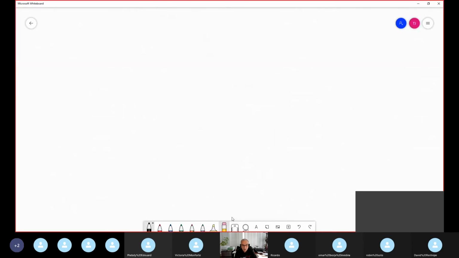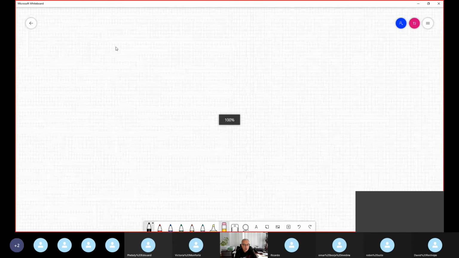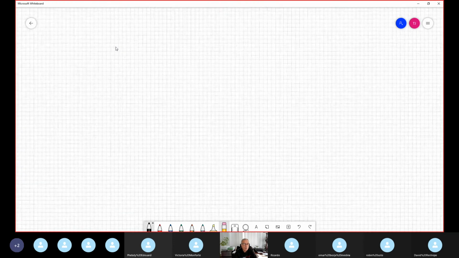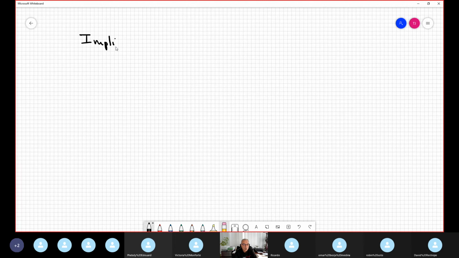Let me try to explain the implicit form. It's another way. I try to illustrate with an example. The implicit form is when my surface is expressed like that, and it's relatively easy. Suppose that you have z equal f of x, y.